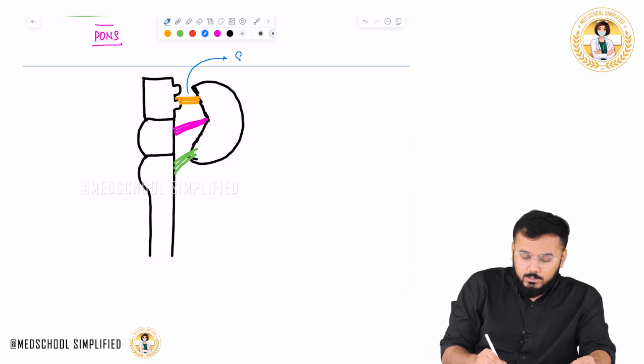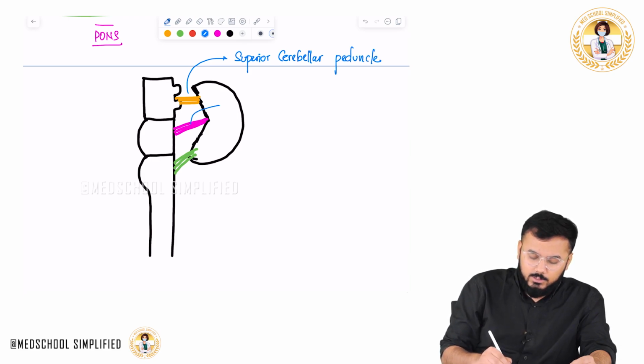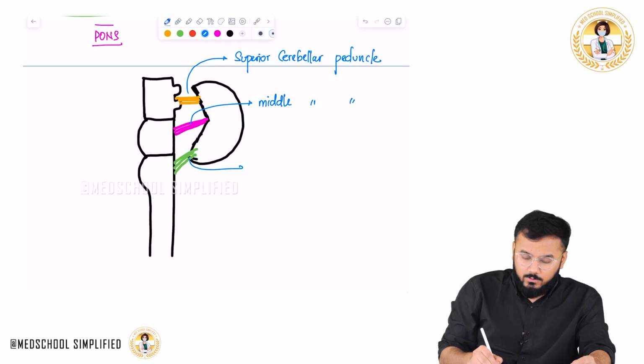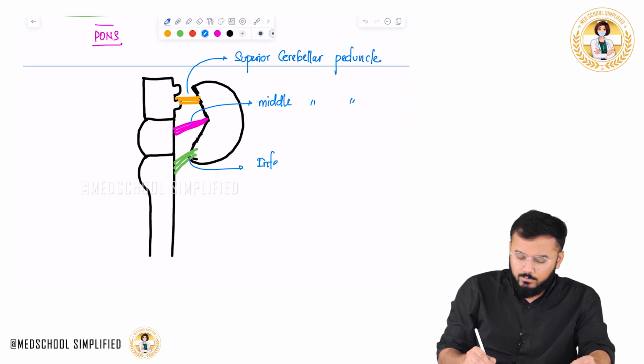So this one is called the superior cerebellar peduncle, this one over here is called the middle cerebellar peduncle, and this one over here is called your inferior cerebellar peduncle.